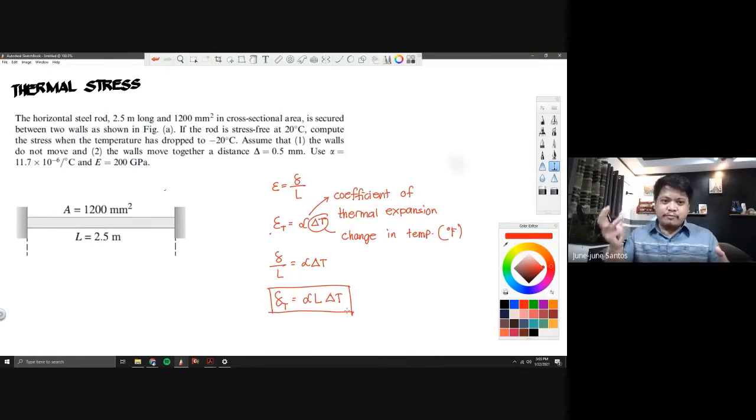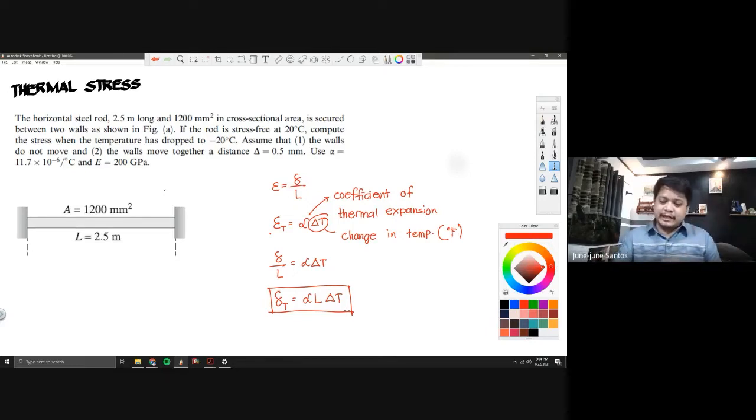So, yung tubig around dun sa kanyang atmosphere, ina-absorb niya yun. So, it causes it to expand. Ngayon, kapag mainit, yung mga moisture lumalabas dun sa mga fibers ng timber or ng mga kahoy, resulting it to shrink. Okay?